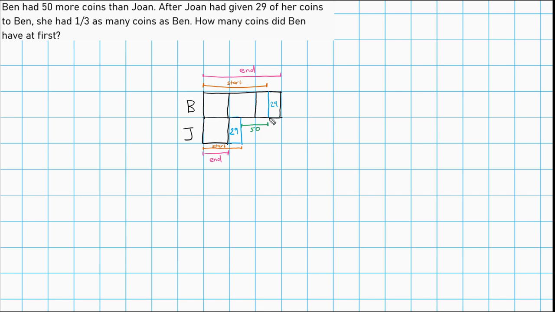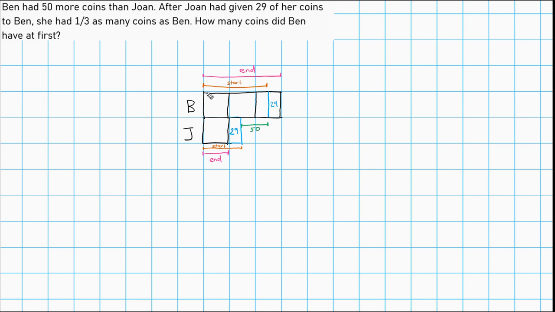So how does that help us? Well, we've got this model. We've got these equal parts here. This is equal to this is equal to this. And what we're always trying to do in a bar model is to see if we can give a value to these equal parts. Let me use another color to emphasize.